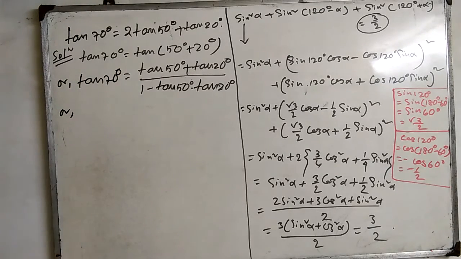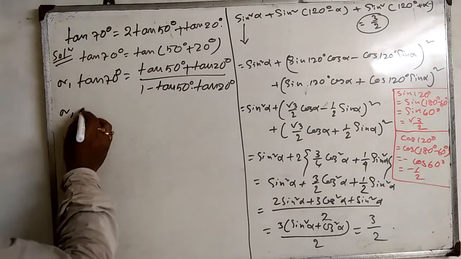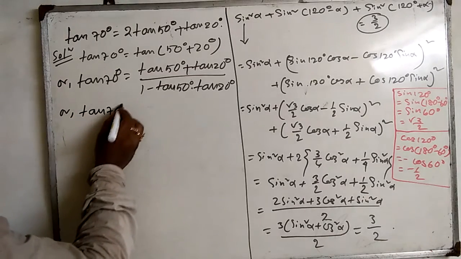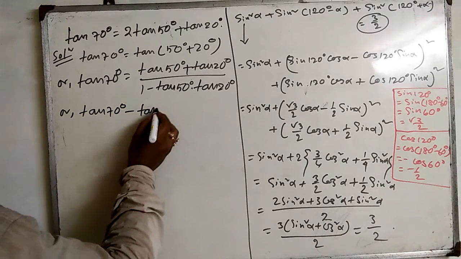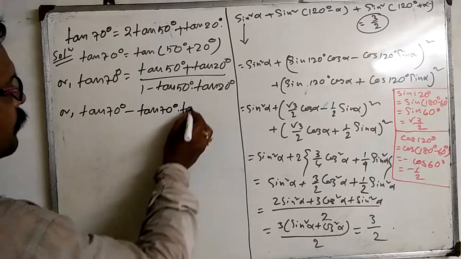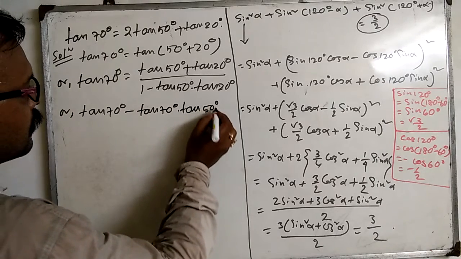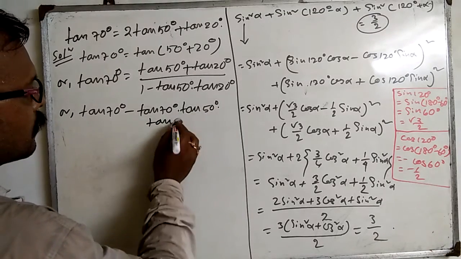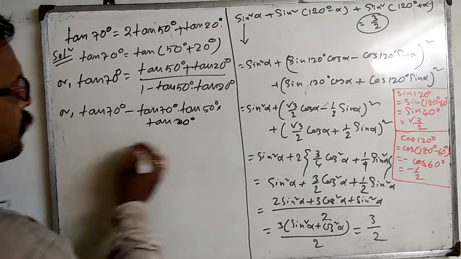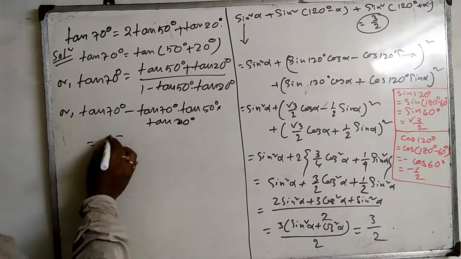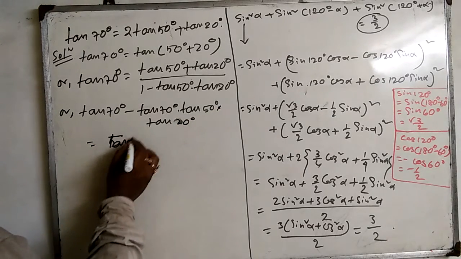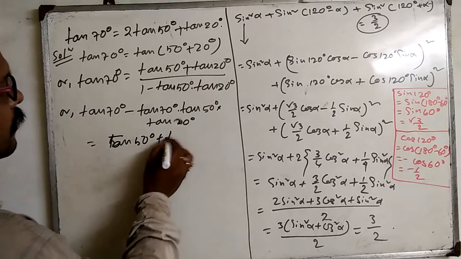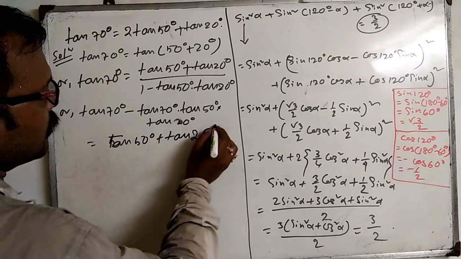Multiplied crosswise. Tan 70 minus tan 70 tan 50 tan 20 equals tan 50 plus tan 20.